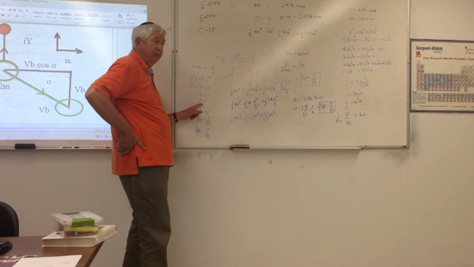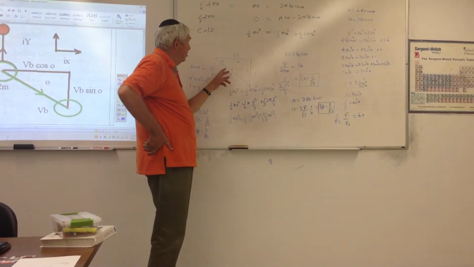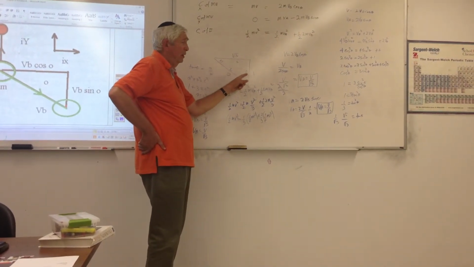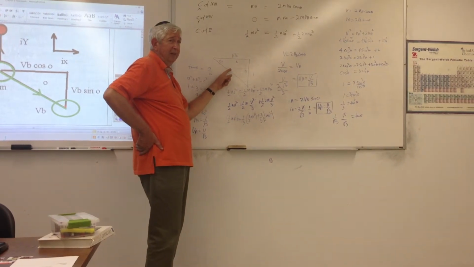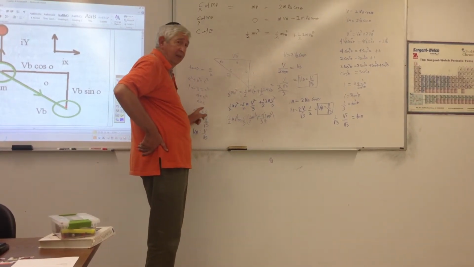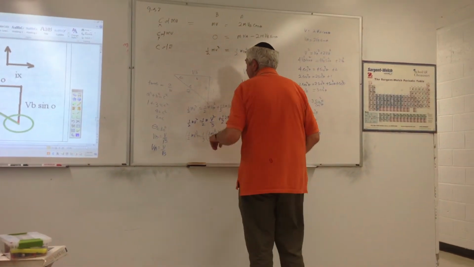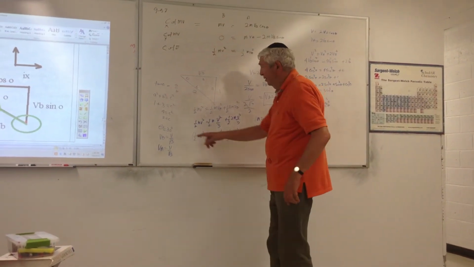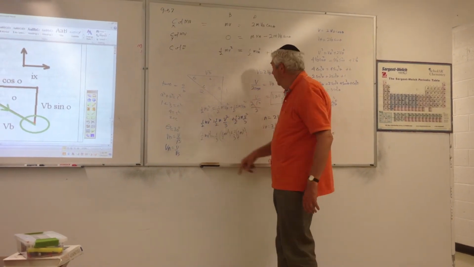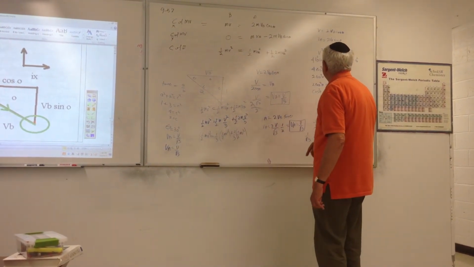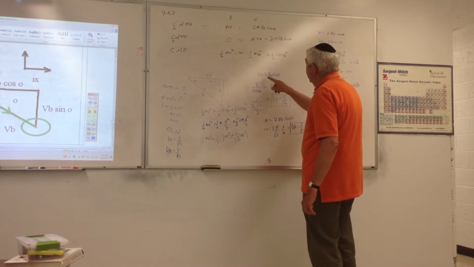C is 2. So the sine of theta would be 1 over 2, 0.5. So theta is equal to 30 degrees. Now that theta is 30 degrees, we go on to find vb.